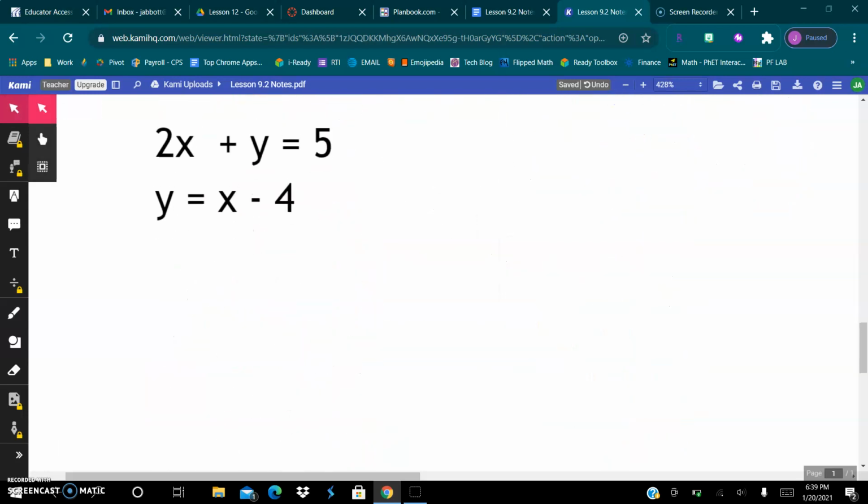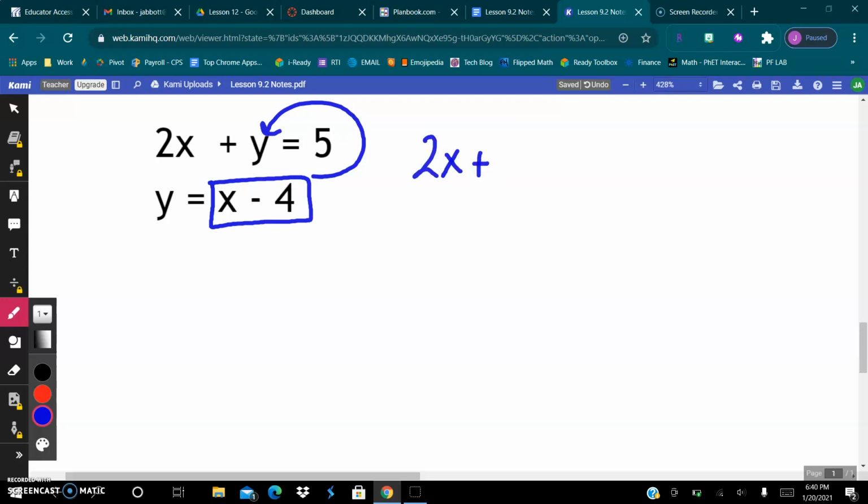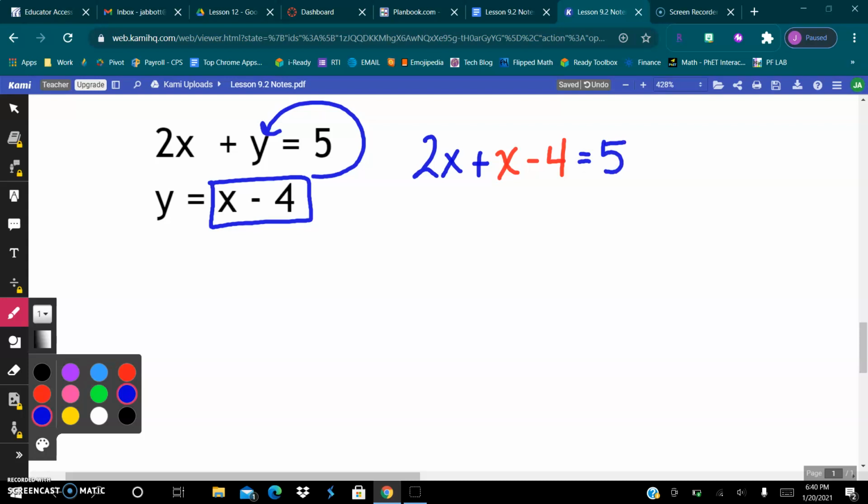And then this example, this one's already solved for y, so I don't need to do step 1. I'm going to replace that y with that. So I'm going to have 2x, and then my y value is x minus 4, equals 5. And then I'm going to combine like terms. I have 2x plus 1x, so that would give me 3x.